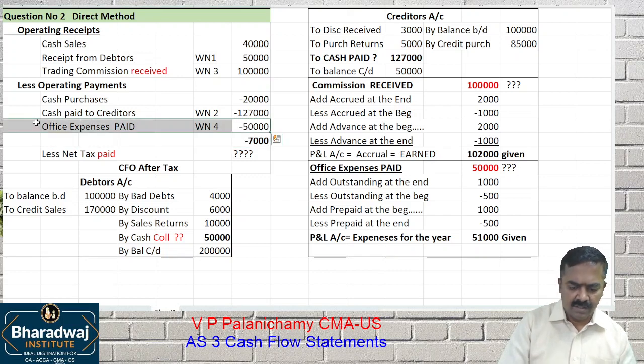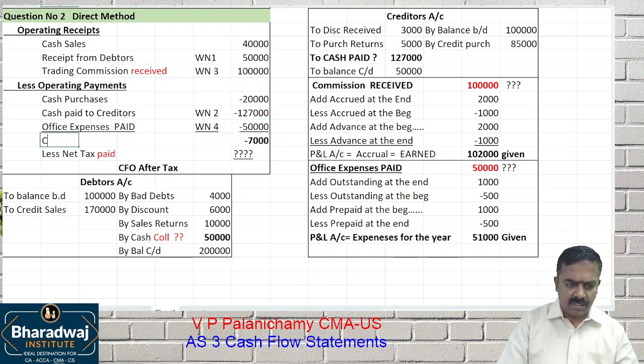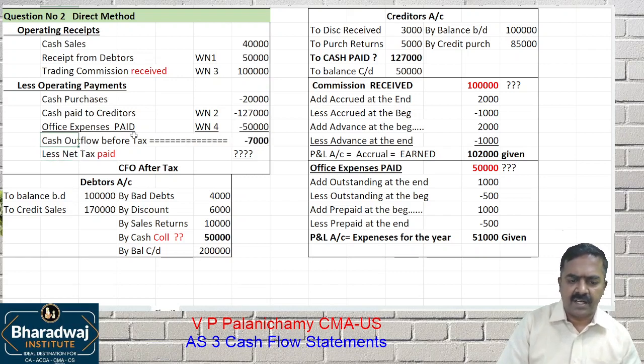The answer is minus 7,000, a cash outflow before tax. Are you getting a positive or negative answer? Negative answer means money has gone out. Next we want tax paid.